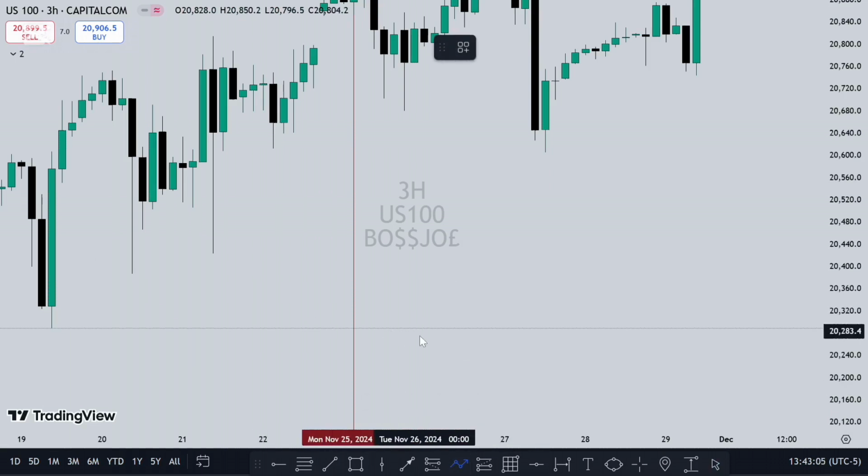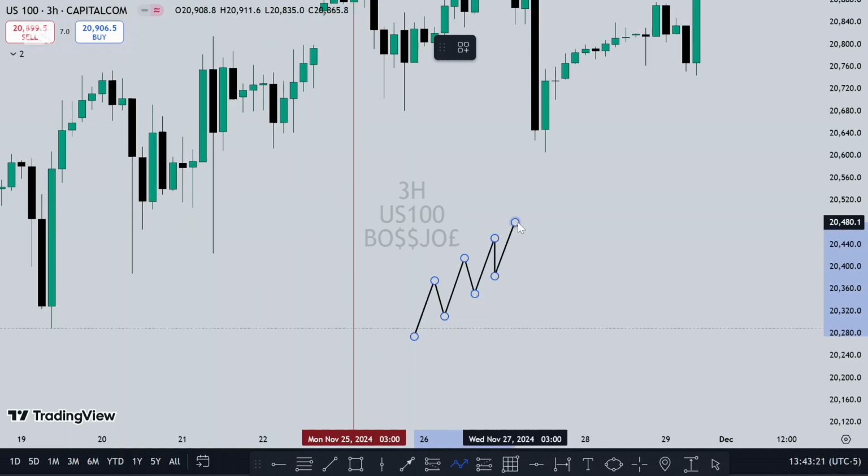In an uptrend, normal price activity, you find that price continually makes a higher high, higher low, higher high, higher low, and higher high. This is an uptrend.